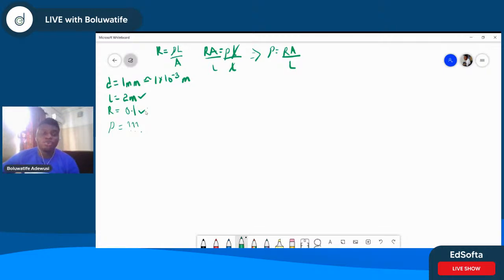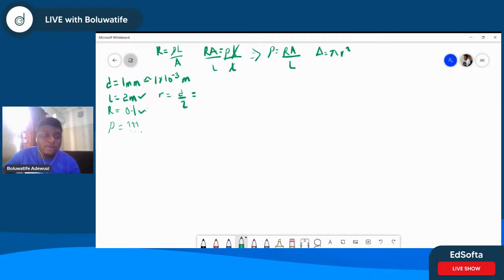Do you understand? So having said that, the formula for the area of a circle, if I can still remember it, is A equals pi r squared. And then we have diameter, so I can convert this and have my radius r equals diameter divided by 2.